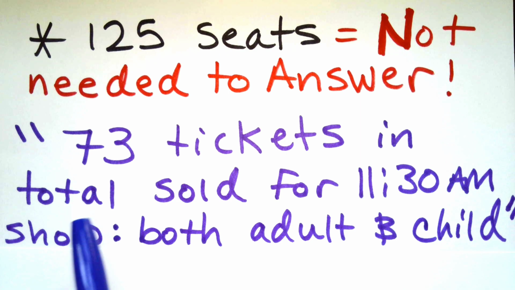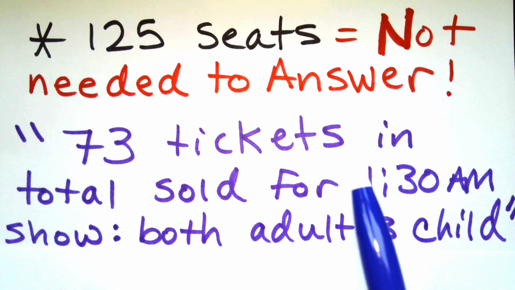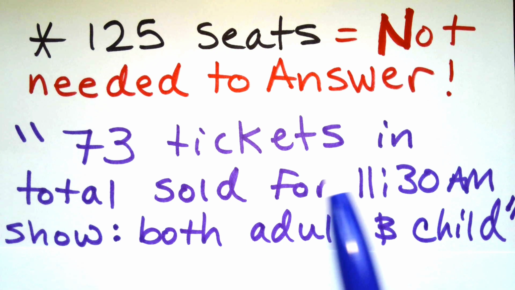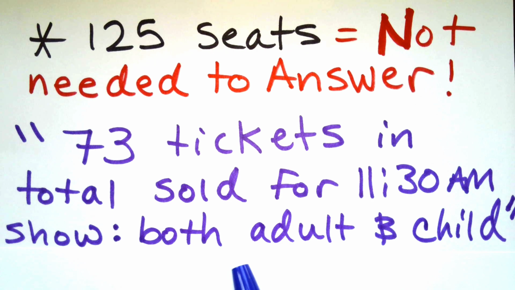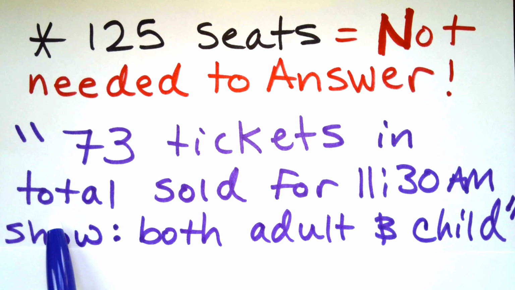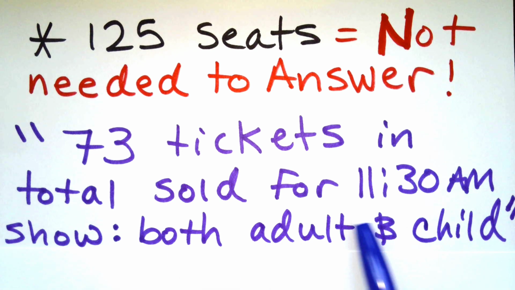So follow along with me. I've highlighted in the question. If you need to go back to part 1 and read that question over and over again, I've highlighted certain sections. I've color coordinated them to show you the segments or sentences that are important. Okay, so 73 tickets in total were sold for the 11:30 a.m. show for both adult and child tickets, right?